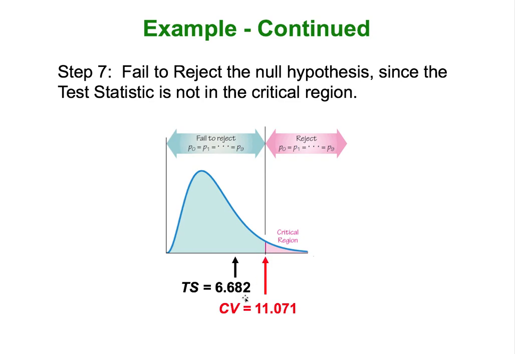Our test statistic is 6.682, and I don't know really if this is to scale or not. It just was convenient with the font size that I used, but it's definitely to the left of 11.071, and so because we see that this test statistic is below the critical value, in the fail to reject region, we fail to reject the null hypothesis.